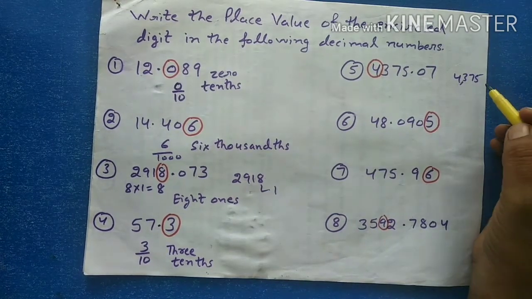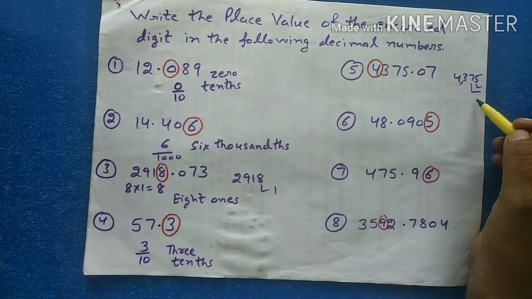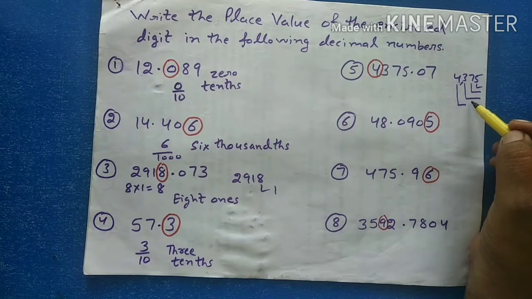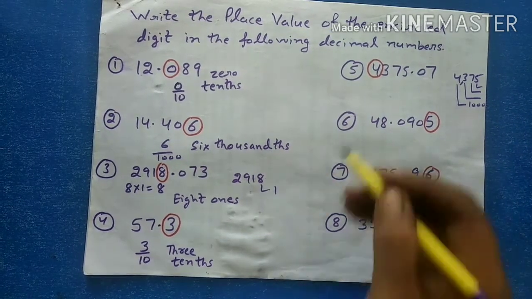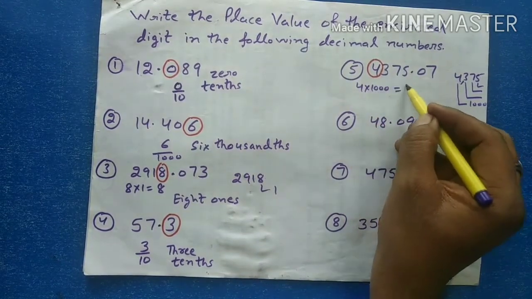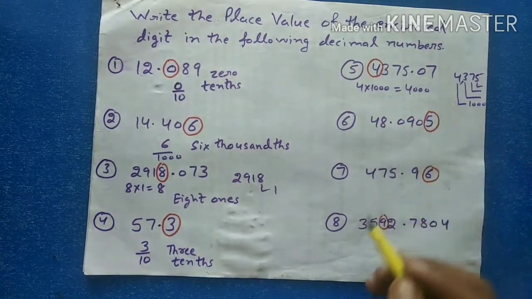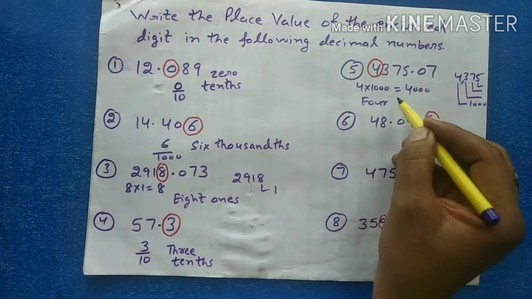As you know, 5 is at ones place, 7 is at tens place, 3 is at hundreds place, but 4 is at thousands place. So we can write 4 multiplied by 1000, or 4000.